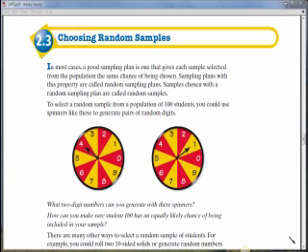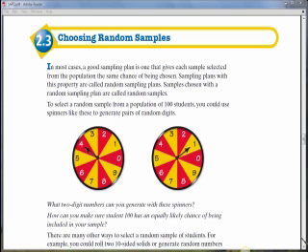How could you make sure student 100 has an equally likely chance of being included in your sample? So how could we make sure student 100, because there's only two digits, so if you said 41 or 14 using the 4 and the 1, how could we make sure that student 100 had a good enough chance of getting chosen as student 41 or student 14?